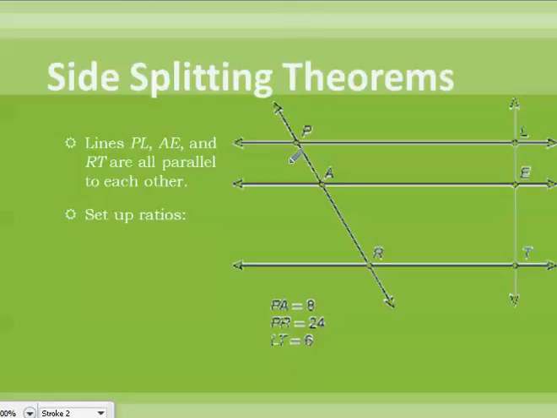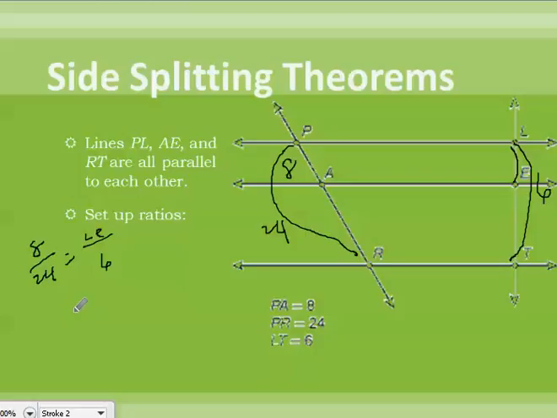Here we've got PA is equal to 8 and PR is equal to 24. And we're trying to find LE over here when LT is 6. I'm going to set up the ratios. 8 over 24 is equal to LE over 6.